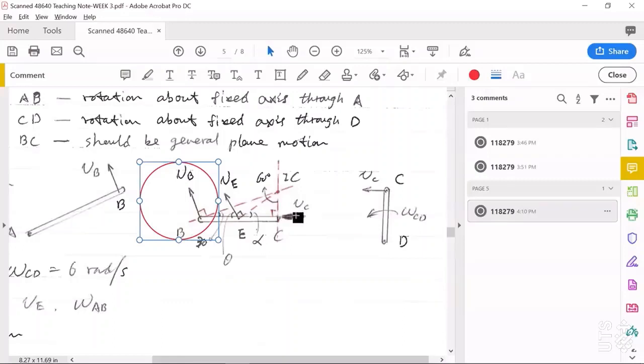Because VC's direction is known from link CD, this means for link BC, its angular velocity must be clockwise. Then you will see the direction of VE or VB must be upward.